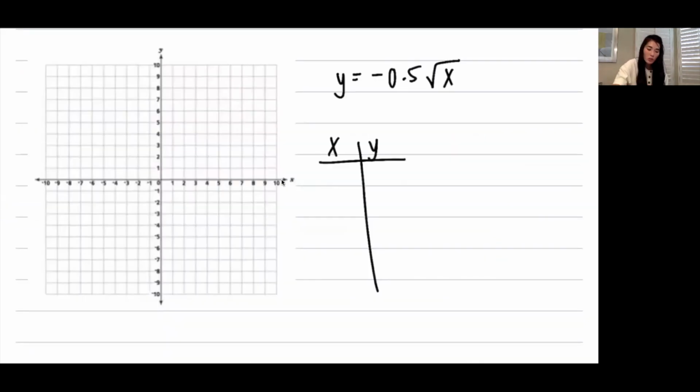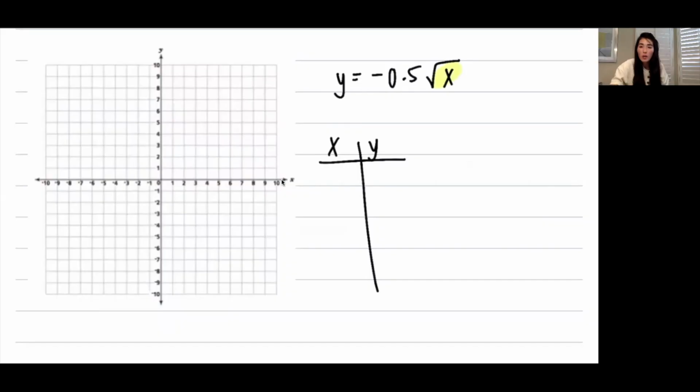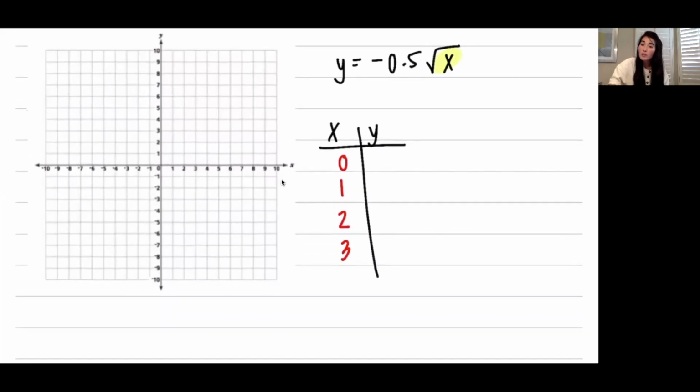Okay, so just like we saw before, we can't take the square root of a negative. So it's not going to make any sense to plug in a negative there. And so I am going to start here at 0 again. I'm going to just go ahead and use, let's do 0, 1, 2, and 3. All right, and it's going to be the same concept.